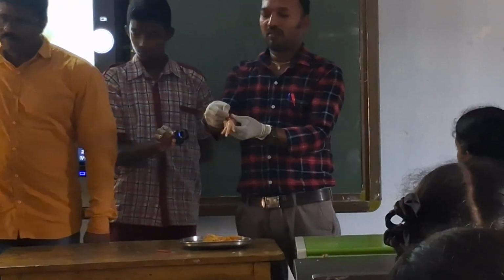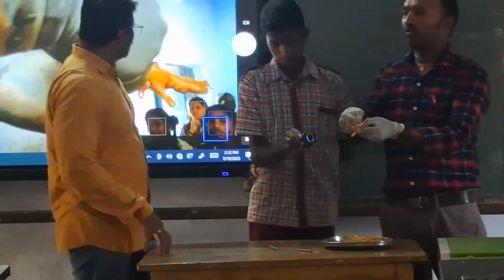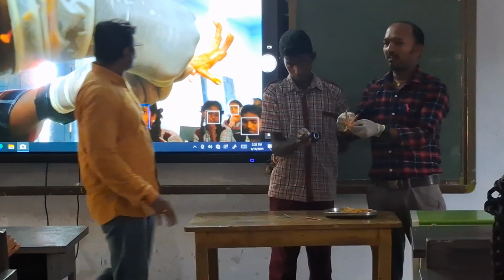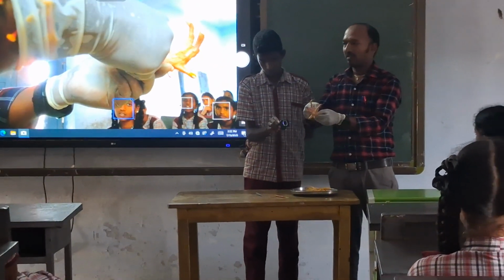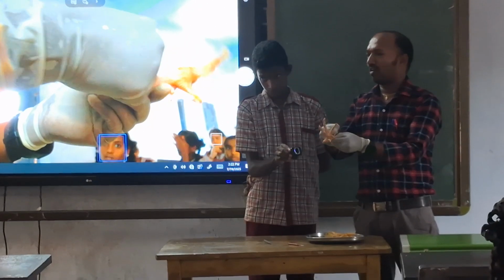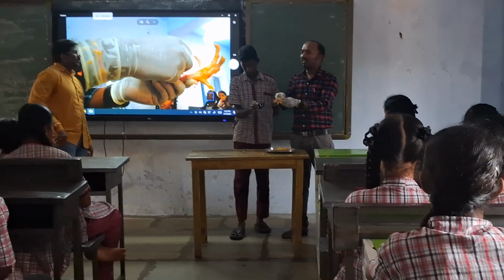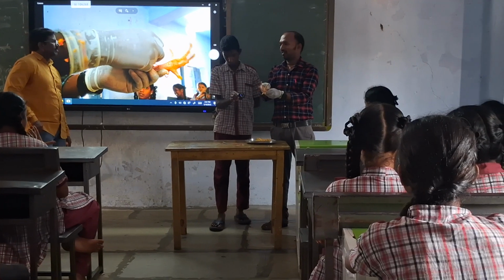If we pull this tendon, all fingers move at a time. Without tendons and muscles, we can't move. If we cut this tendon, it can't walk.